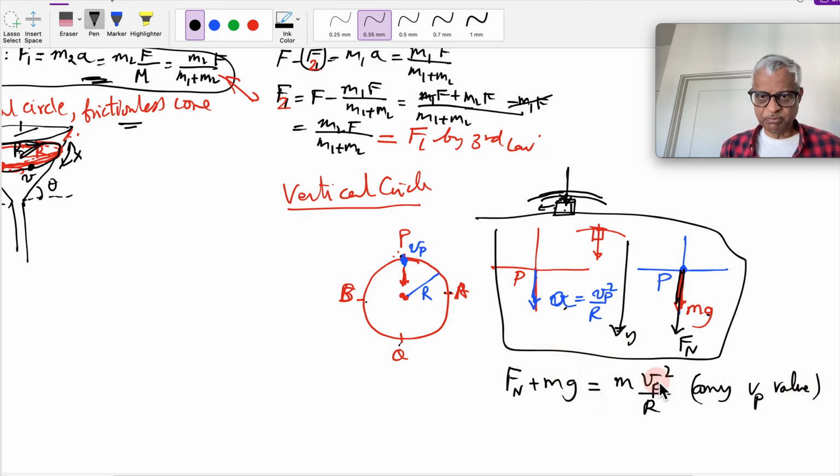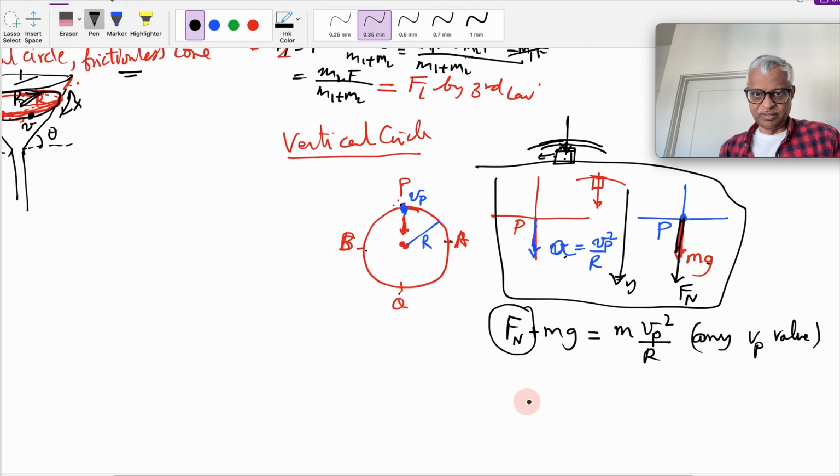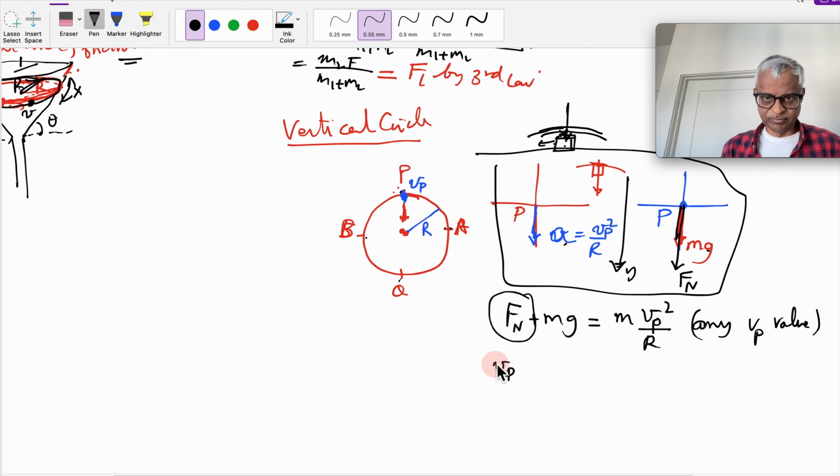We want the minimum, so if this was 0, that will be the minimum, when Fn is 0, right?